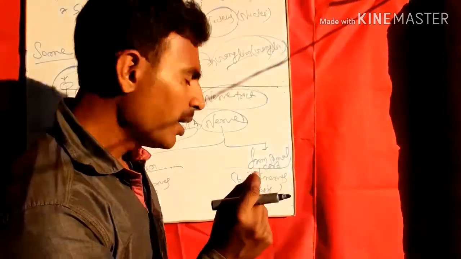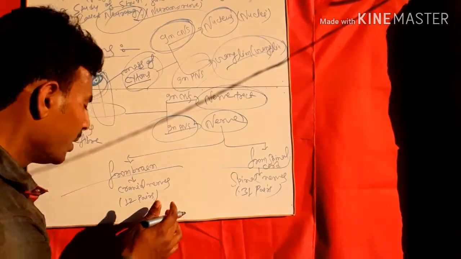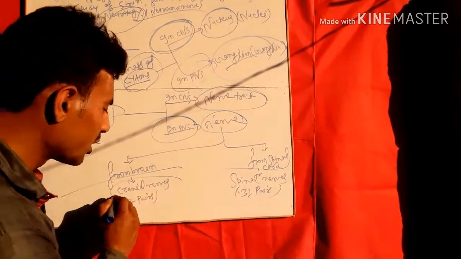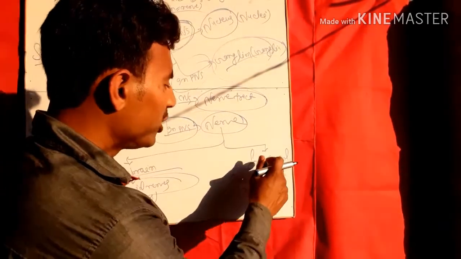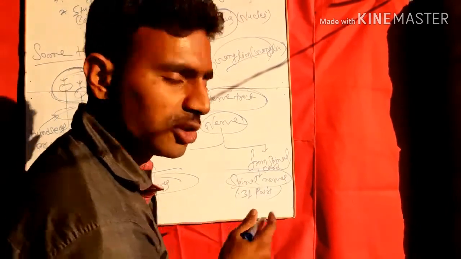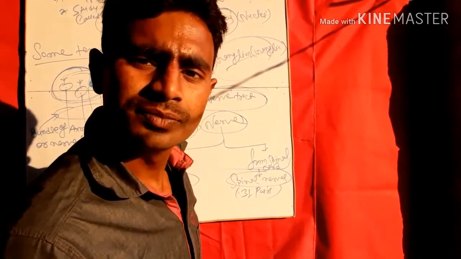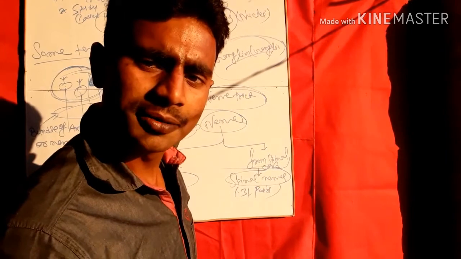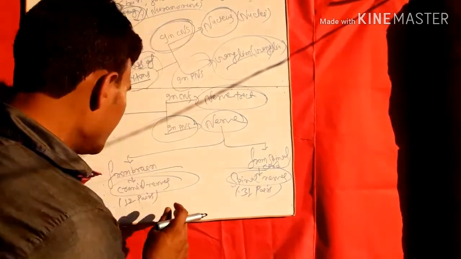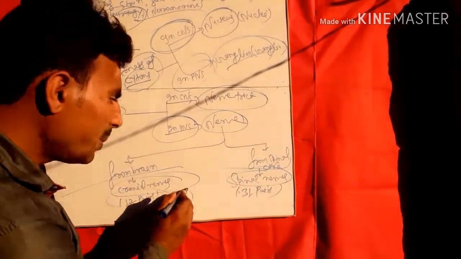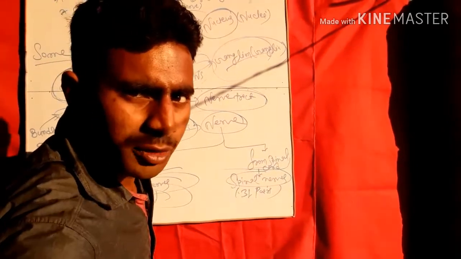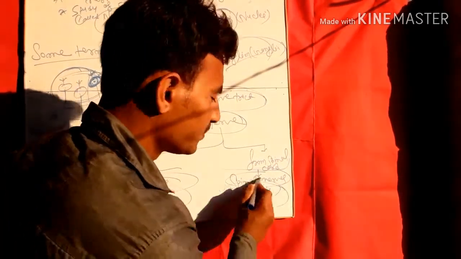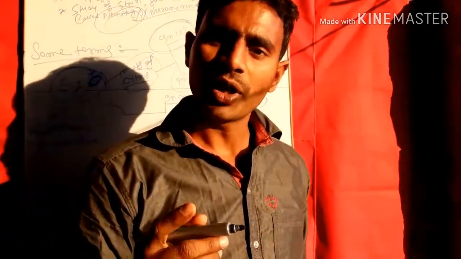Nerves from the brain are called cranial nerves, and nerves from the spinal cord are called spinal nerves. Here cranial nerves are 12 pairs, and spinal nerves are 31 pairs.